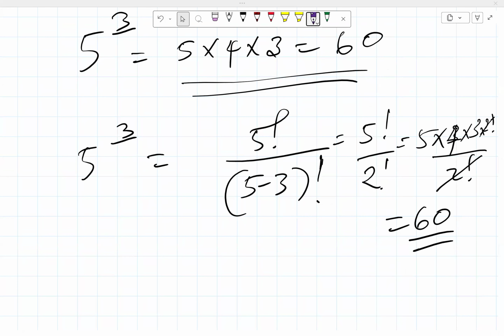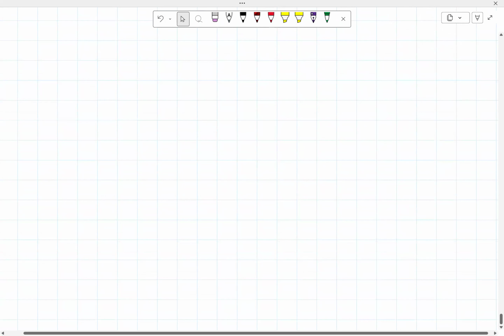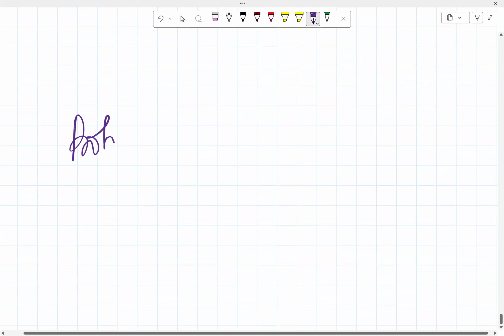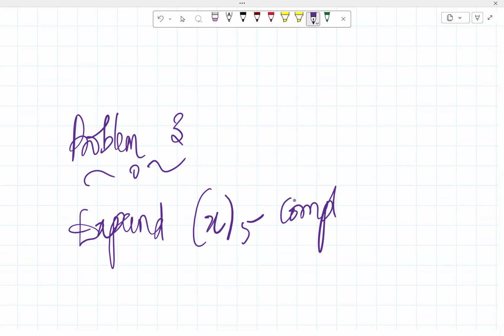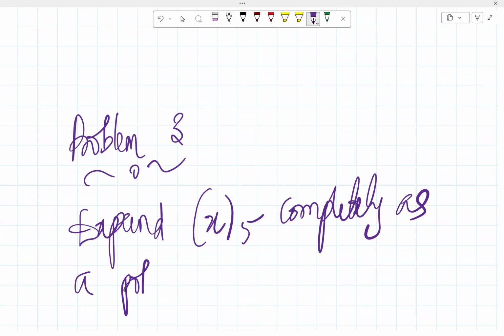So we start with problem 3. Expand x sub 5 completely as a polynomial in x.